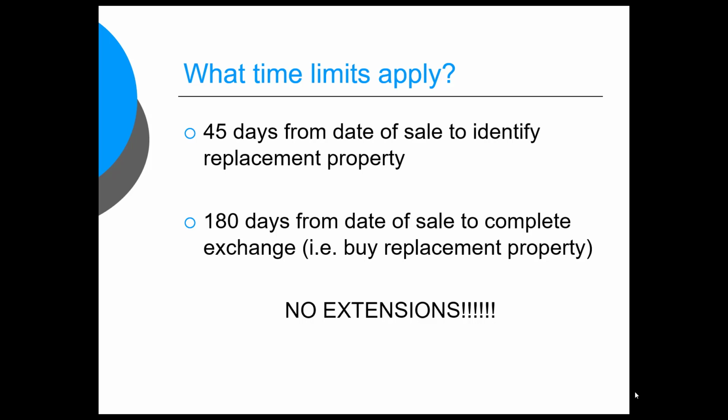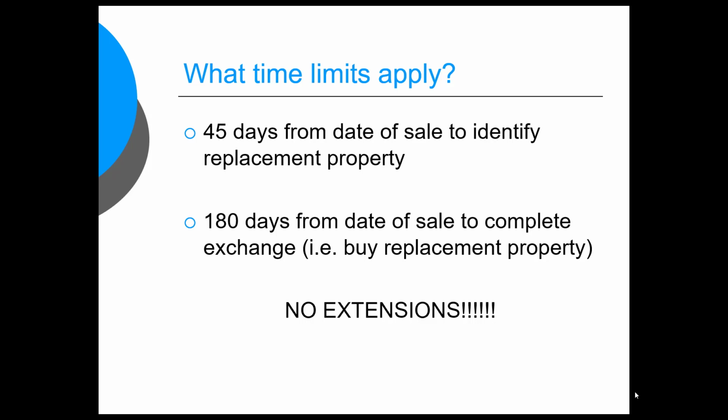The important thing to remember is that there are no extensions on these dates. They are hard and fast dates, so if it falls on a holiday or if it falls on a weekend, it doesn't matter. When your time is up, your time is up.